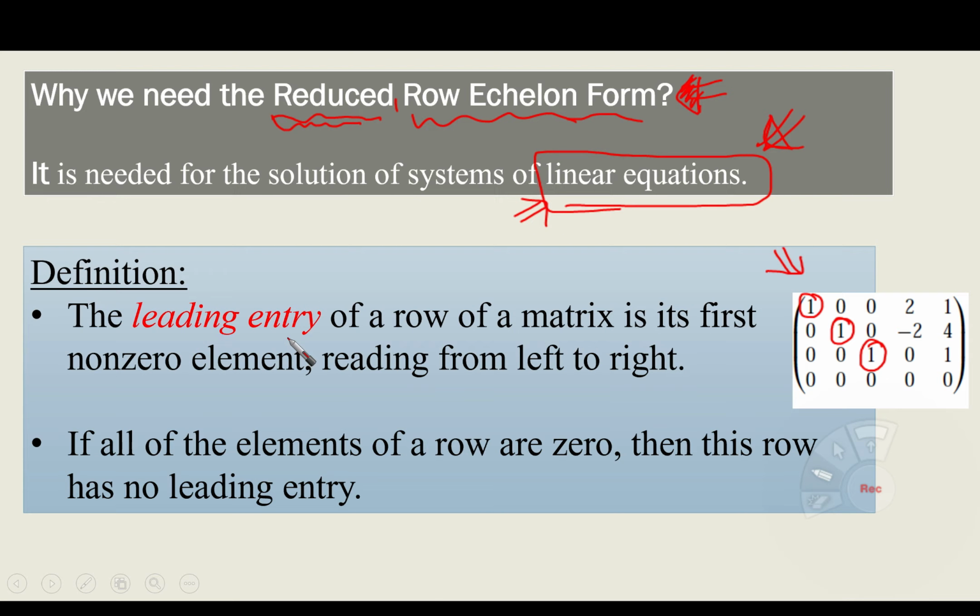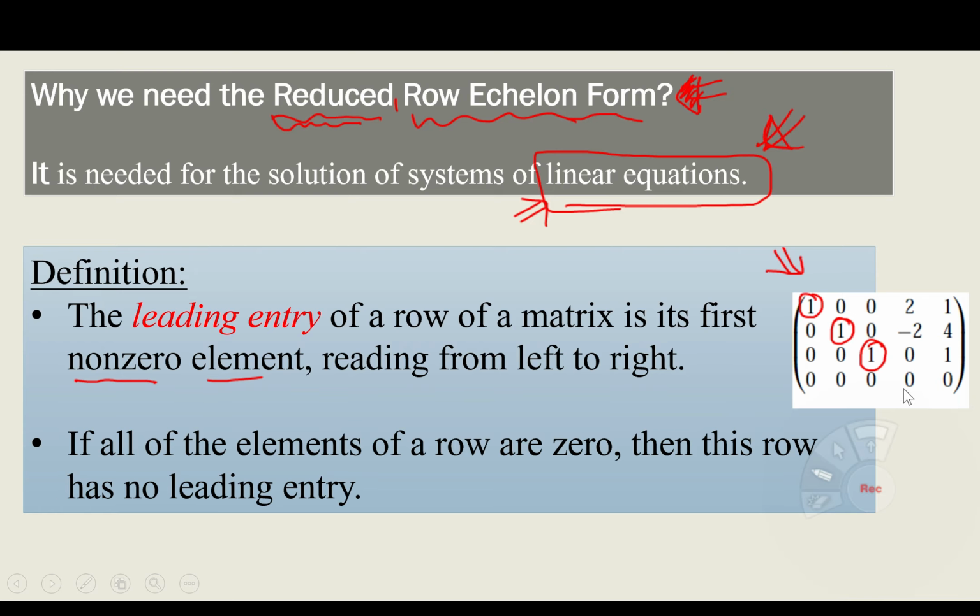We are going to make a definition first for something called the leading entry. The leading entry of a row of a matrix is its first non-zero element, take care of this, it is a non-zero element, reading from the left to the right, which is the 1s here. So the leading entry for row number 1 is this one, the first non-zero element. And here for row number 2, and here for row number 3.